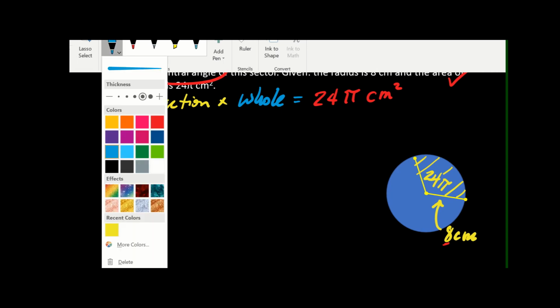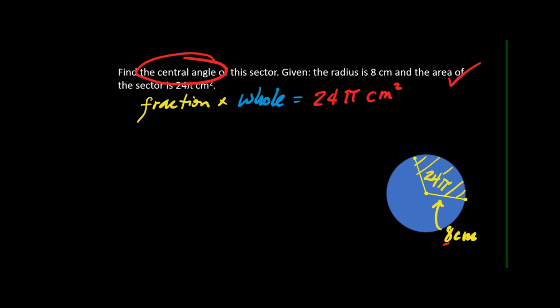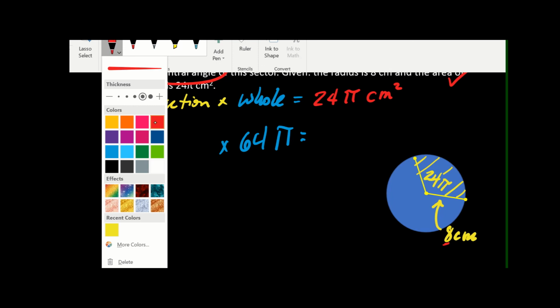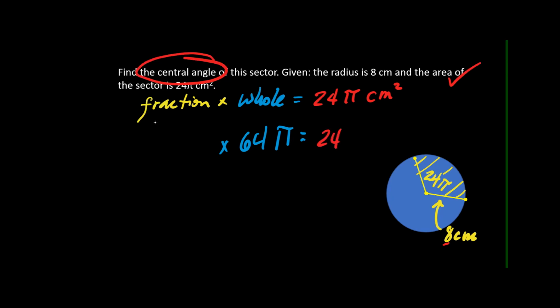So we'll put that in as the whole. So here we have some fraction times 64 pi equals 24 pi. Okay, fine. But what's the fraction?